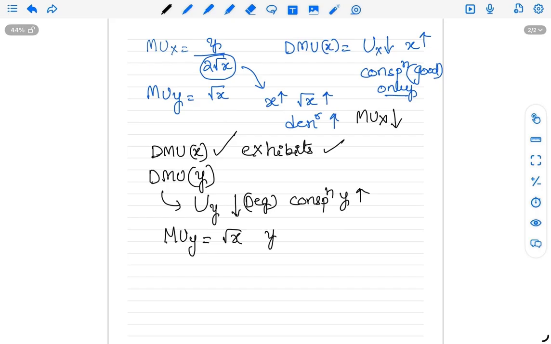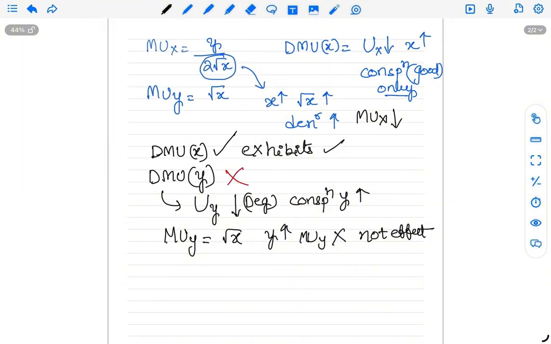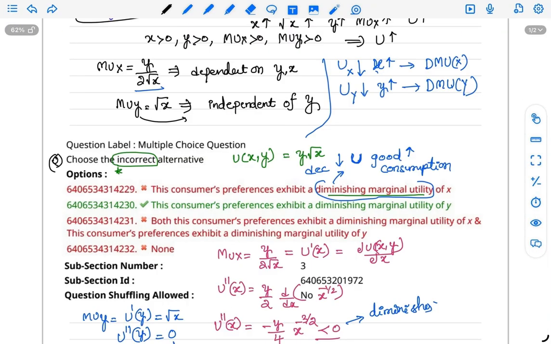If y increases, MUy does not change. So this is not a diminishing marginal utility. Only x exhibits it. So go to the options.